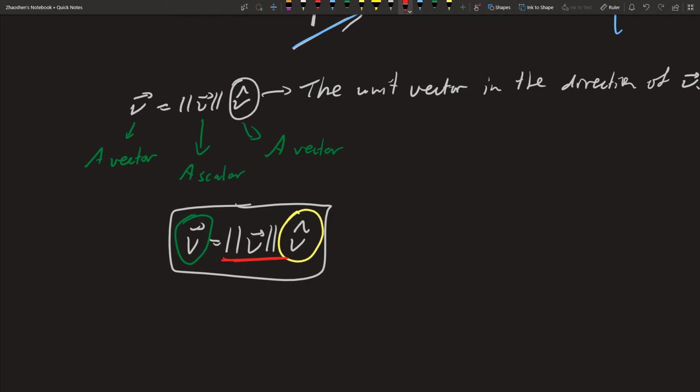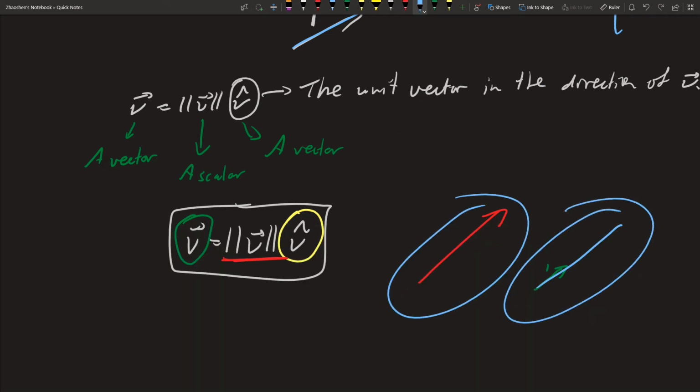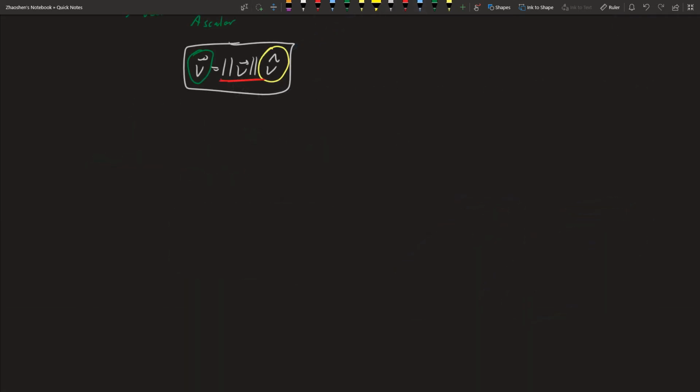That's what it means. You want to create a vector using a unit vector, and then you want to make it longer, and those two vectors are equal. Now that we have the formula, a vector v can be written as the product of its magnitude times the unit vector in its direction.